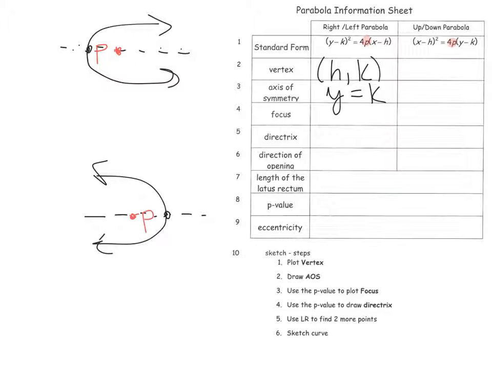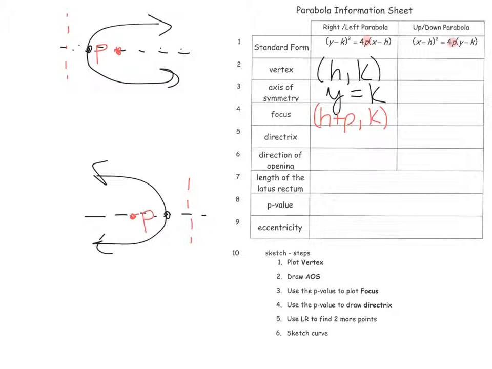So the focus can be found by taking the h of the vertex, adding p, but k stays the same. So you're adding p because you're going further into the parabola, and if it's one that opens to the left, you would still be adding p, but it would be like adding a negative, so you would then be subtracting.